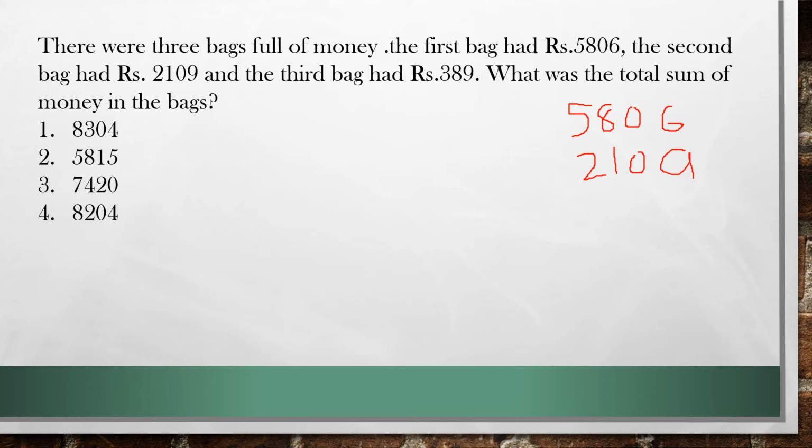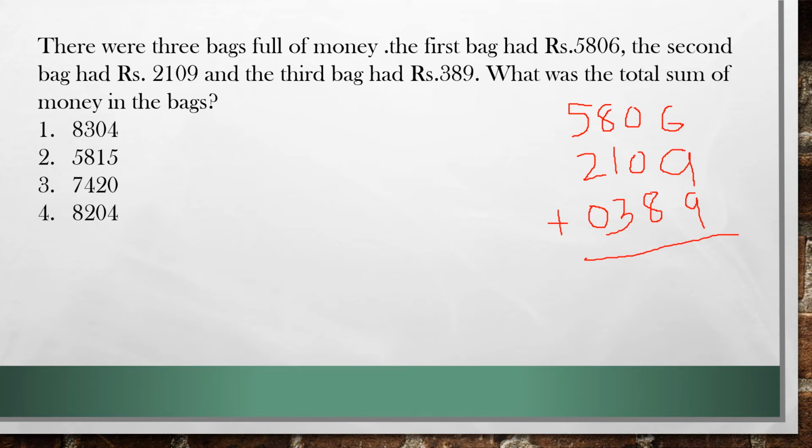The third number is 389. Alright, so you have to pay attention to the number of digits also. The first two numbers had how many digits? There are 4 digits, and in the third one we had only 3 digits. So I'm putting a 0 here so that there is no confusion.